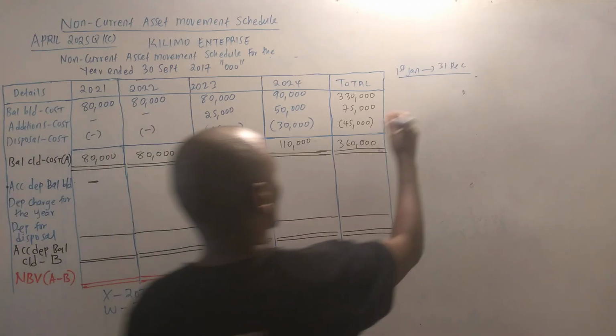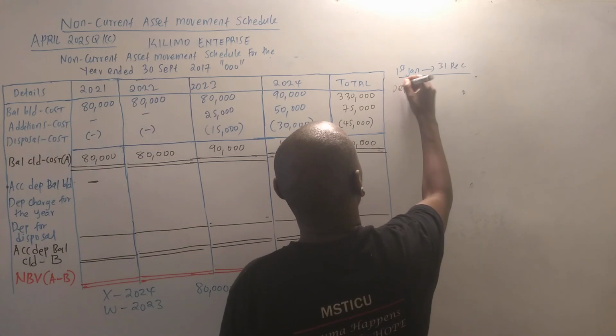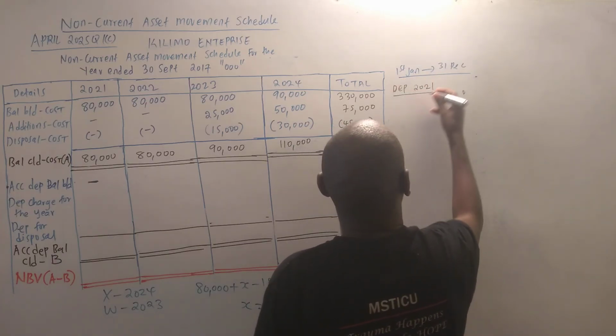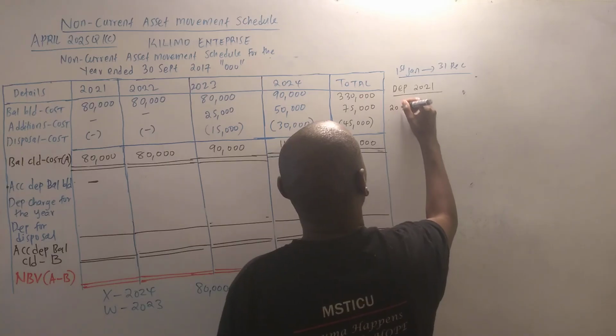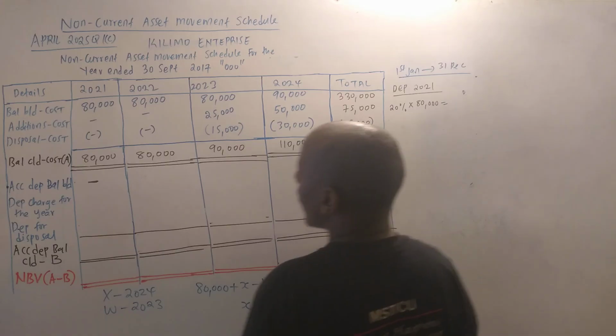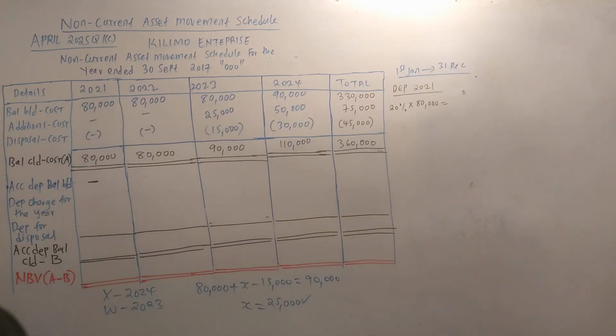Let's start with 2021. Depreciation for 2021 will be 20% times 80,000. 20% of 80,000 is 8 times 2, 16. That is 16,000.